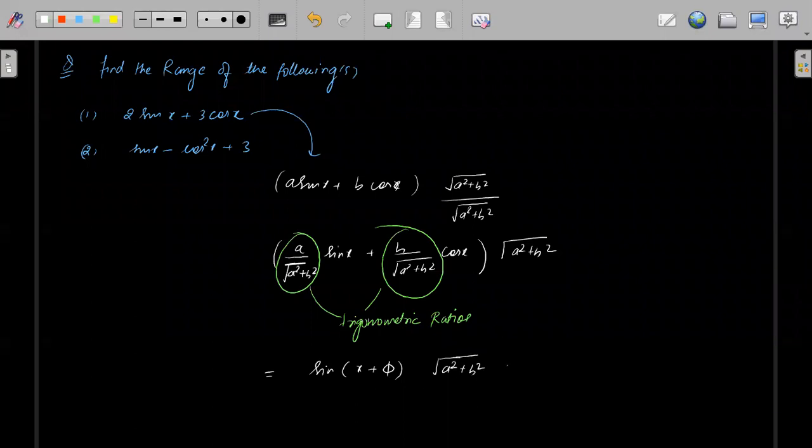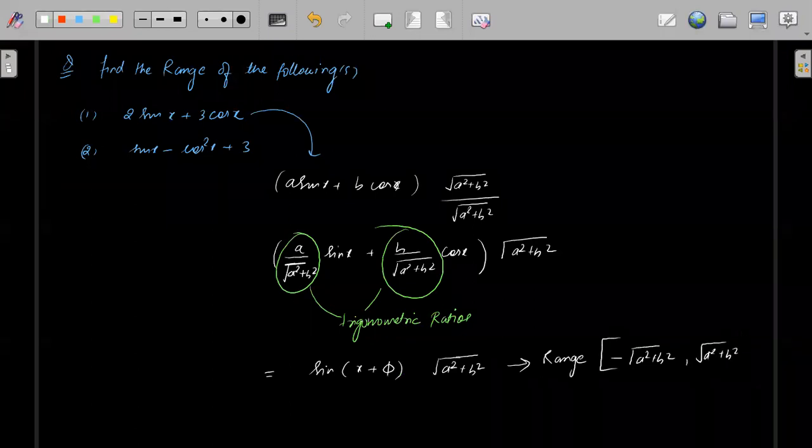So for this one, the range will simply transform from minus root of a square plus b square to plus root of a square plus b square. Very good. So this is minus root 13 to root 13, since 9 plus 4 is 13.